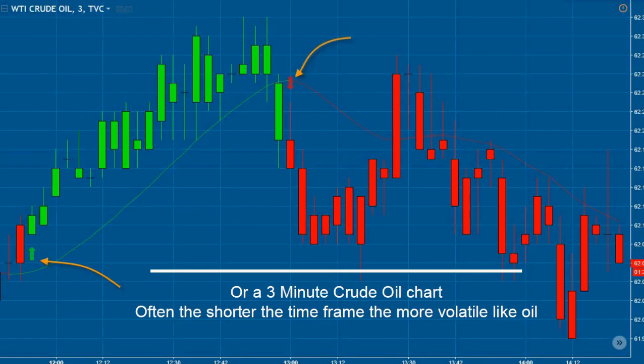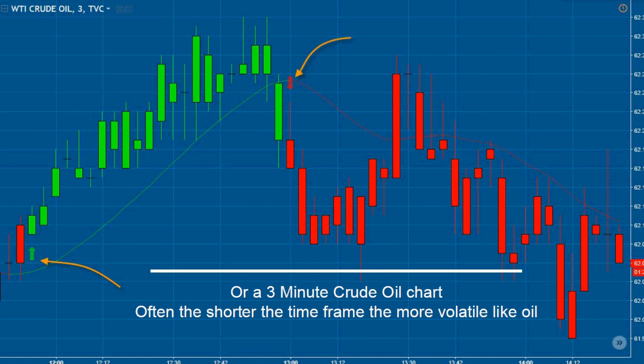Maybe you like to trade crude oil. Now, crude oil is very popular trading, and also one of the most volatile trading you can find. Full of green, red, green, red, green, red arrows. Well, again, this is a 3-minute chart, we've taken the indecision out of the chart.